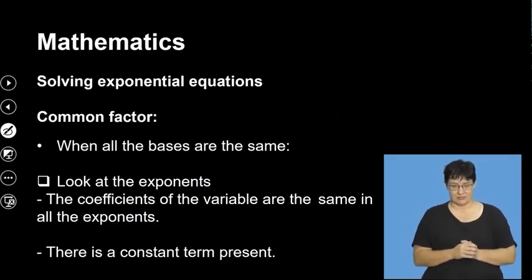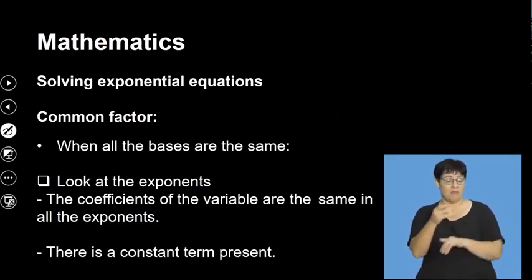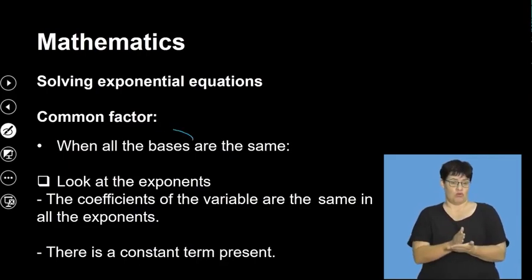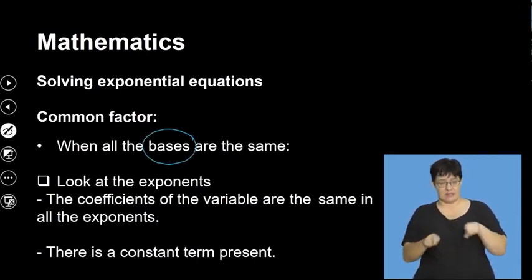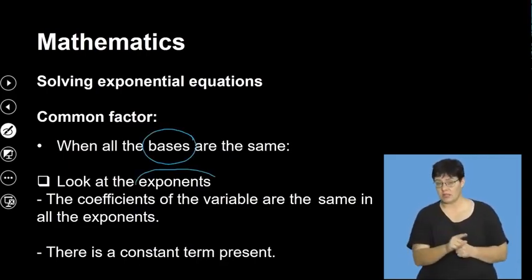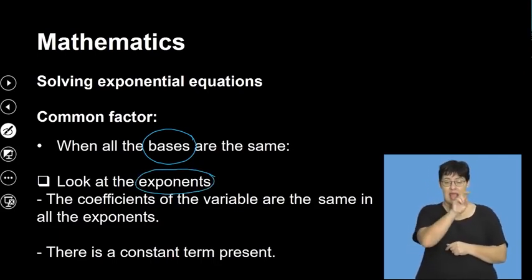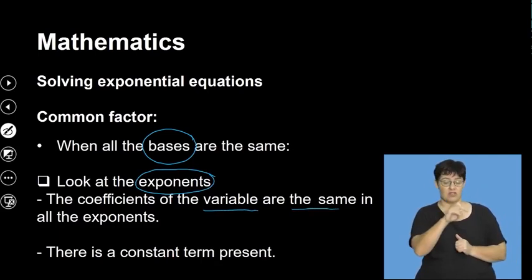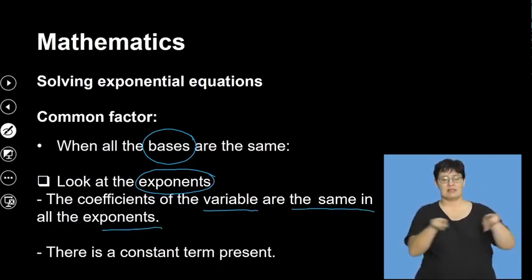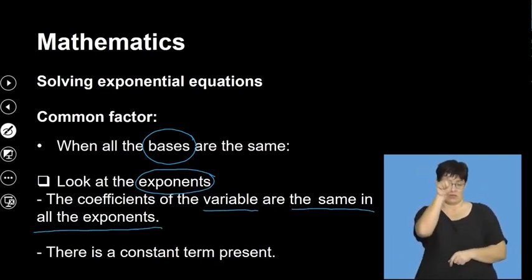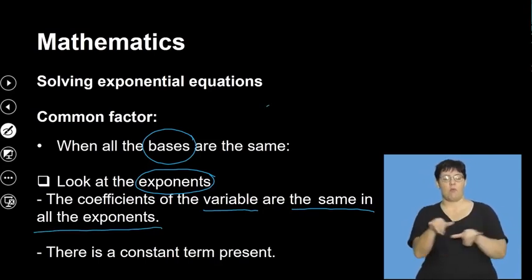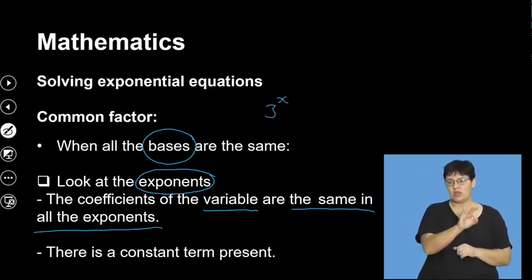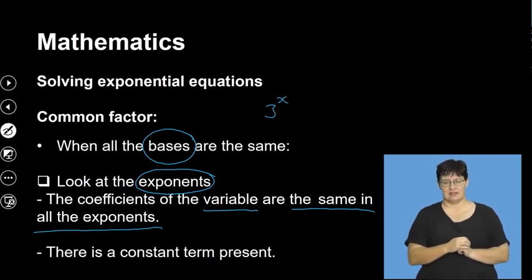Now, when solving using the common factor, make sure that first your bases are the same. Then you look at the exponents, and the coefficients of the variable are the same in all the exponents. That's what a common factor means. So it means I have 3 to the exponent of x multiplied by 2 maybe to the exponent of x.